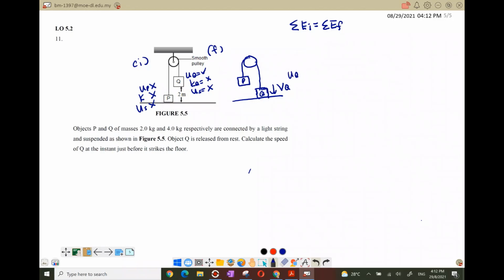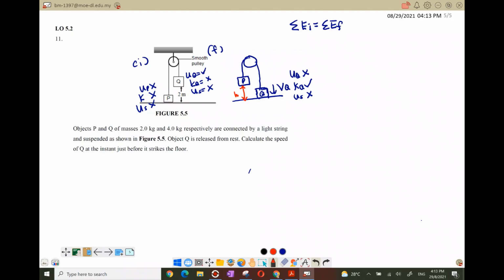Dan final point, untuk objek Q, the gravitational potential energy is equal to 0, sebab H dia 0. Tapi dia masih ada lagi kinetic energy, sebab pada ketika dia masih lagi bergerak. Dan kita nak tahu berapa final velocity tu just before it strikes the floor. Kemudian spring memang confirm dah tak ada.